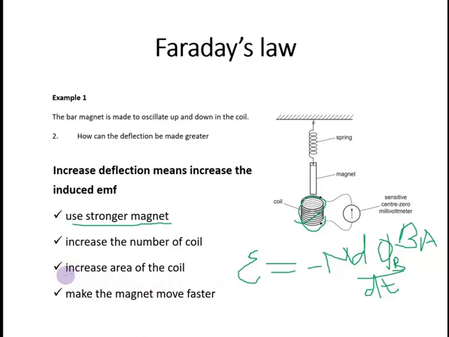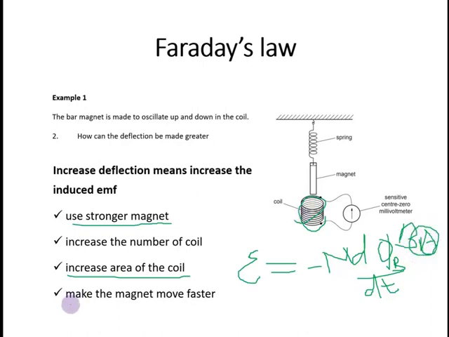Another way of increasing the induced EMF or increasing the deflection on the millivoltmeter will be to increase the area of the coil. In theory, that will be true, but in practice, it's going to be difficult.